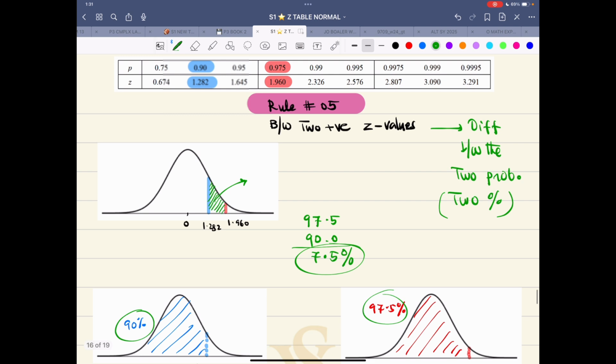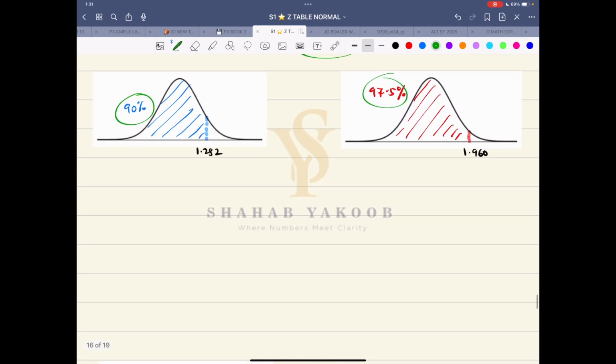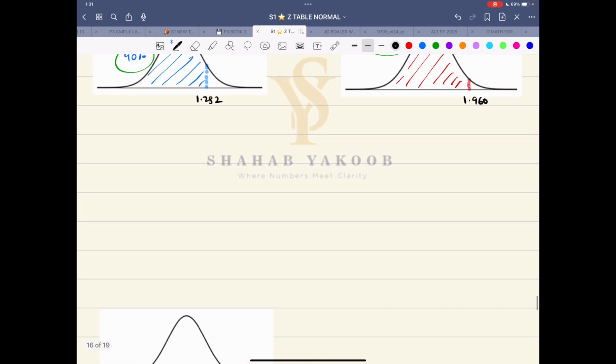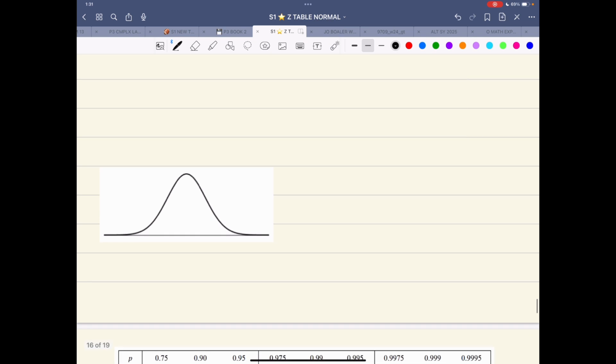All good, all clear? Basically, if you want me to write it as a formula, I can. Let me show you that formula over here. Let me mark a value over here, and another value over here. This is A, this is B. I'm interested in this thing right over here.